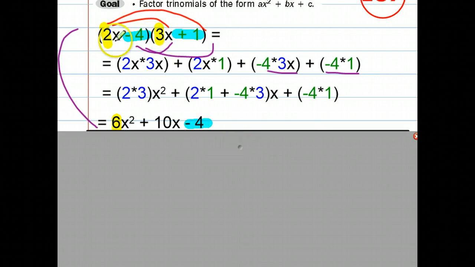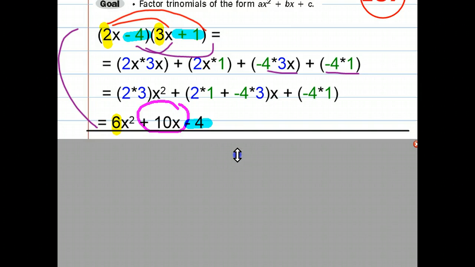But the question is, how do we get this middle term? That's the tricky part, because there is no exact formula for it. But we can basically check and test any combinations that we think of.